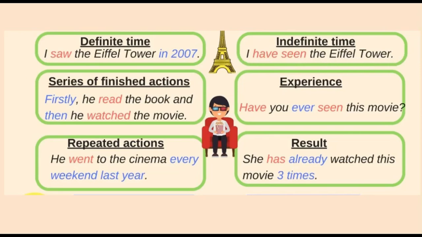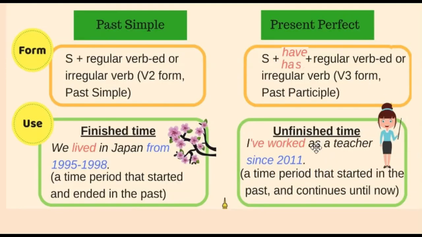Sorry, let's go back to this example. I have worked as a teacher since 2011. We use present perfect here, and it shows us that this person is still working, has not stopped working as a teacher.